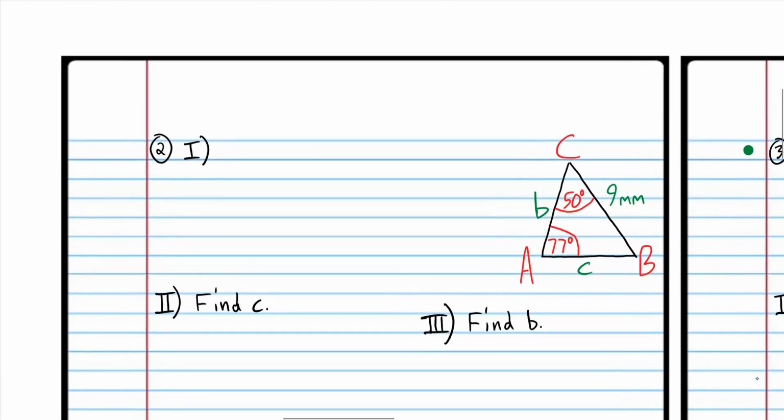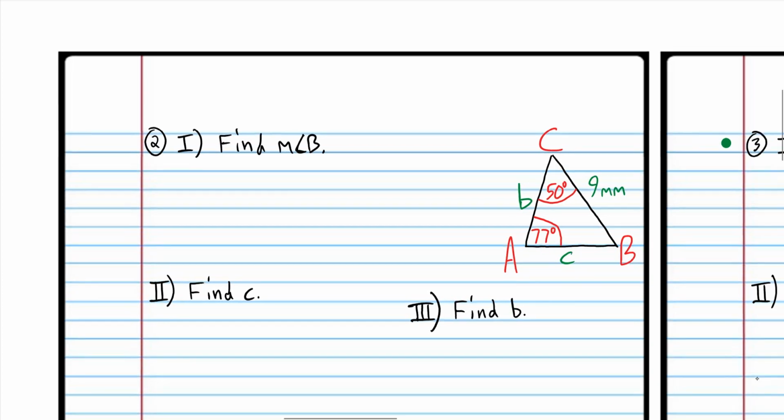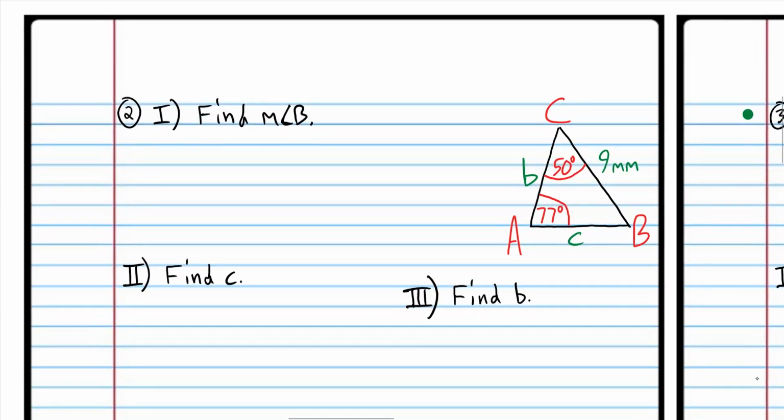Now, step number one is to find the measure of angle B. I forgot to write that. So again, the triangle sum theorem tells us that the measure of angle A plus the measure of angle B plus the measure of angle C is equal to 180 degrees. The measure of angle A is 77 degrees.